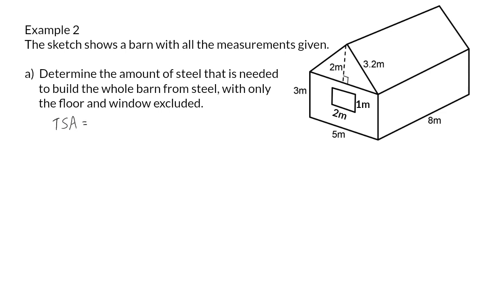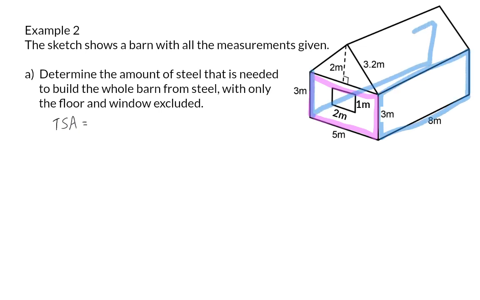I'm going to start off with the area of the rectangular prism. So here we have 2 rectangles, front and back, of 3 by 5 meters, and 2 left and right of 3 by 8 meters. The bottom rectangle, which is the floor, is excluded, and the top rectangle as well, because a roof will still be added.